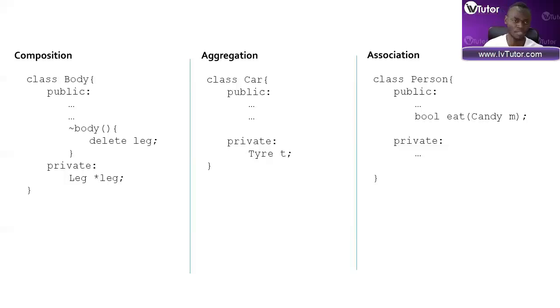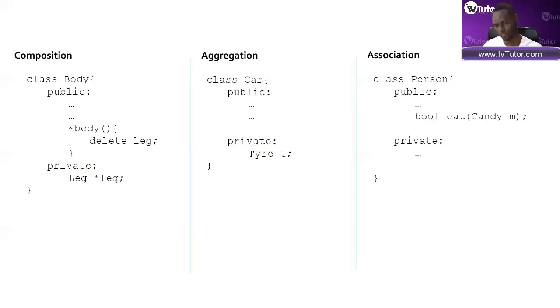In terms of composition and aggregation, there's one thing in common. Your classes will have the item as part of the class. In other words, it contains it, or it is composed of it. So you see that under private, you've got a leg, under private, you've got a tire. This is common between composition and aggregation.